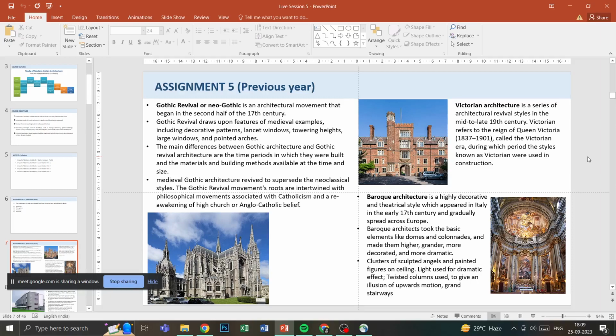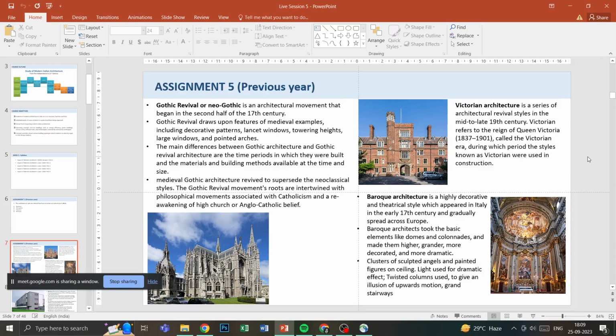And the difference between the Gothic architecture, the real Gothic period, and the Gothic Revival architecture, when Gothic architecture was revived again in around the 17th and 18th century. Very similar elements are used, but the main difference was the kind of material that was used.